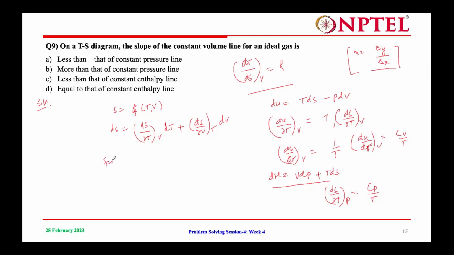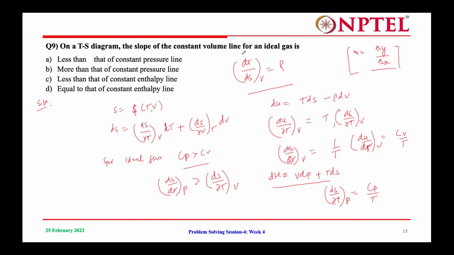For an ideal gas, Cp is greater than Cv, right. So here ds by dT at constant p is greater than ds by dT at constant v, the T cancels.